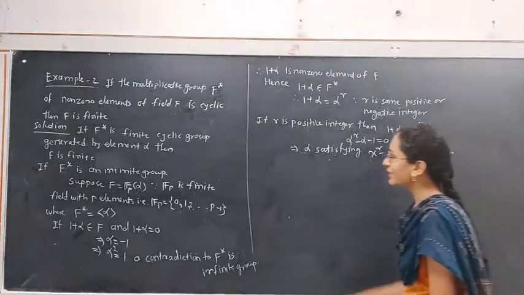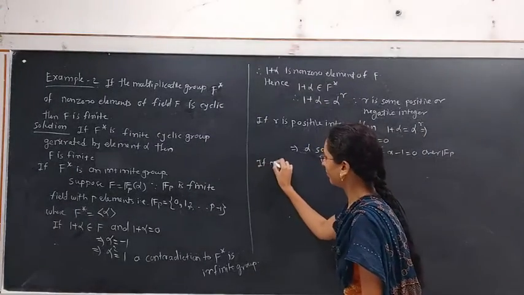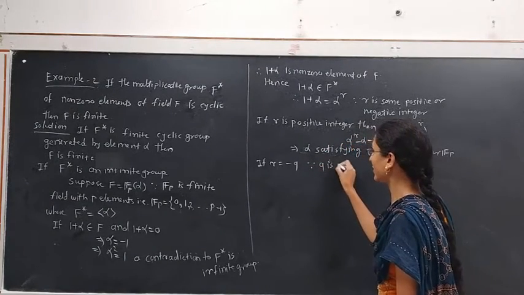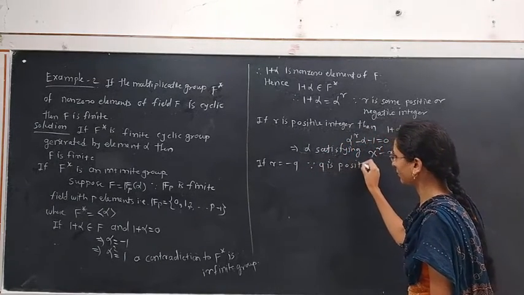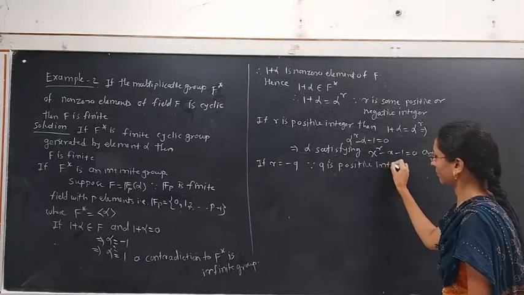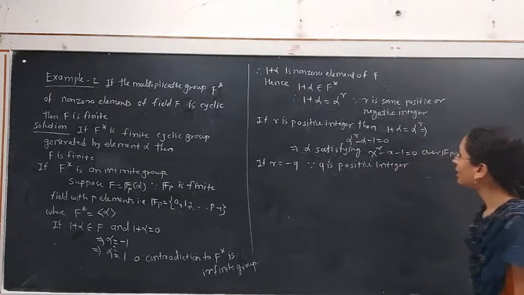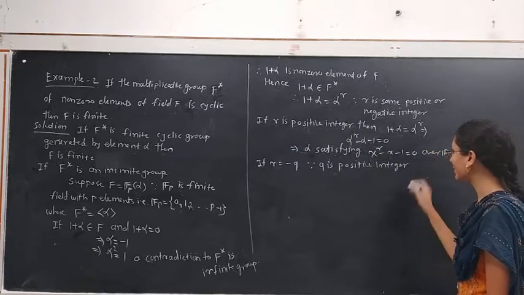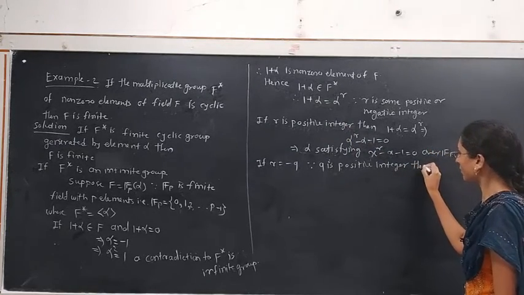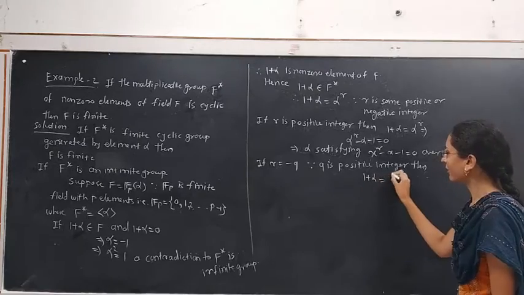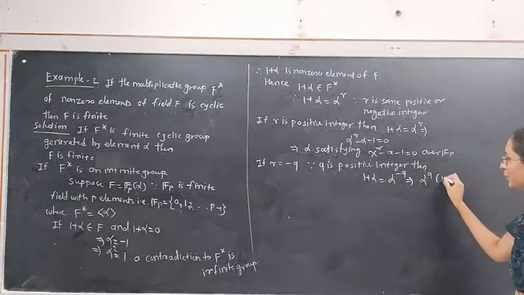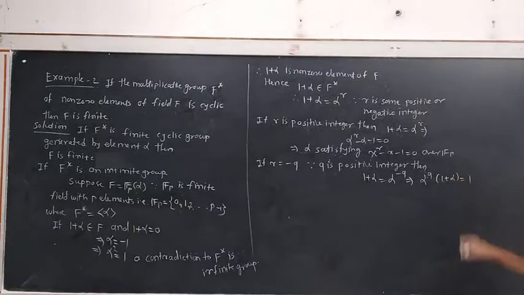If r is a negative integer, if r equal to minus q, where q is a positive integer, then 1 plus alpha equal to alpha raised to r gives 1 plus alpha equal to alpha raised to minus q. This gives alpha raised to q into 1 plus alpha equal to 1.